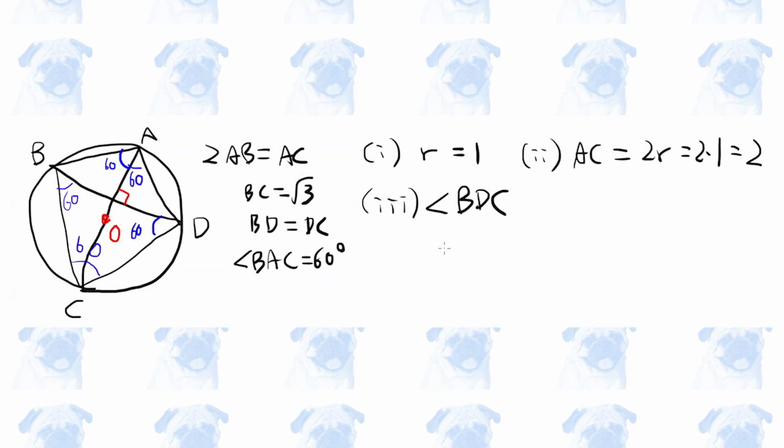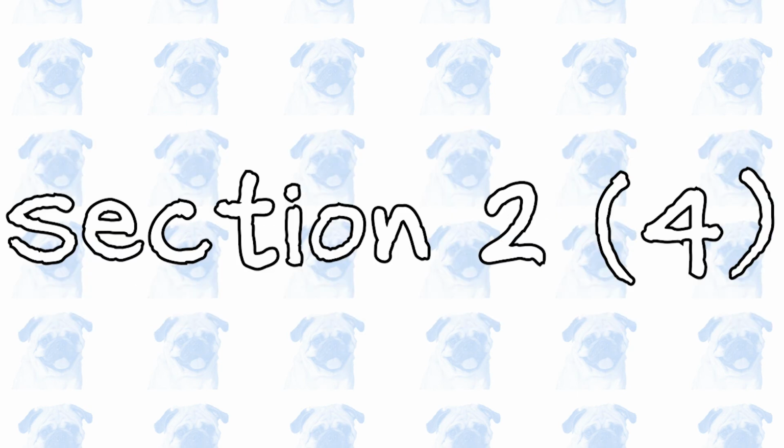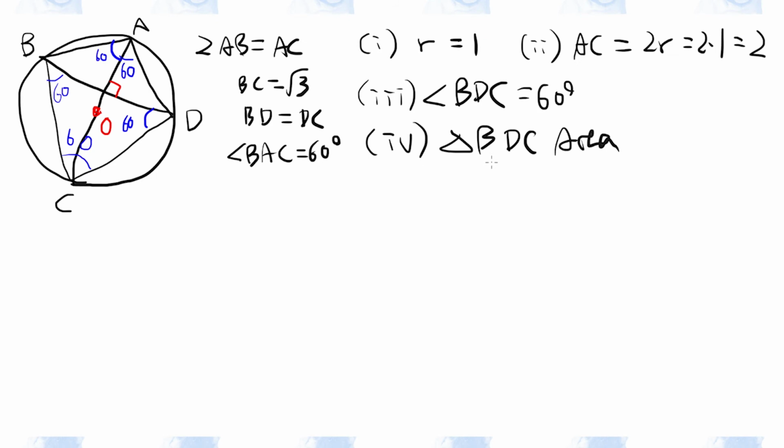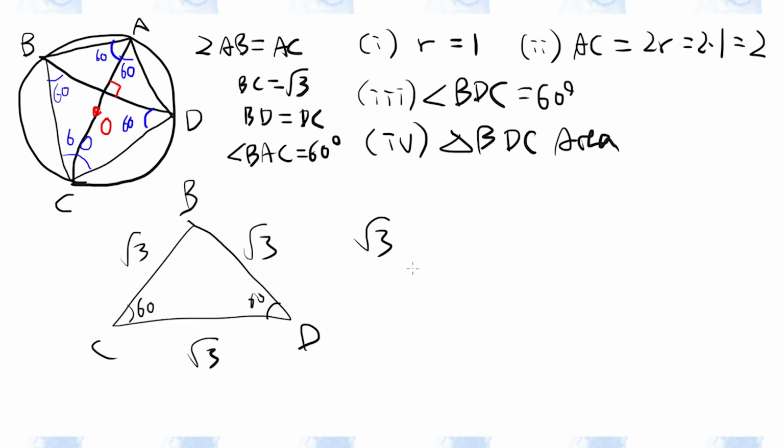In part 3, we need to find the angle BDC, which we already know to be 60 degrees. In part 4, we need to find the area of the triangle BDC, the equilateral triangle. We know that the base of the triangle is √3, then what is the height of the triangle?